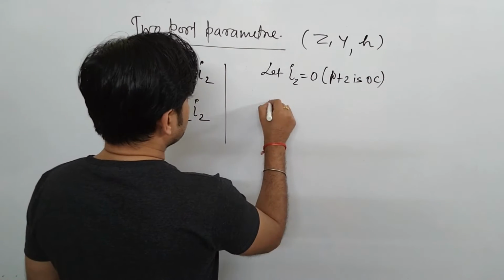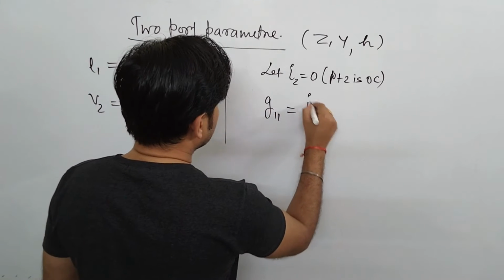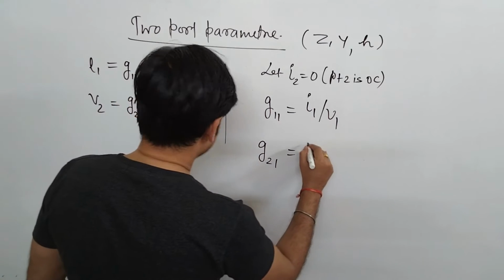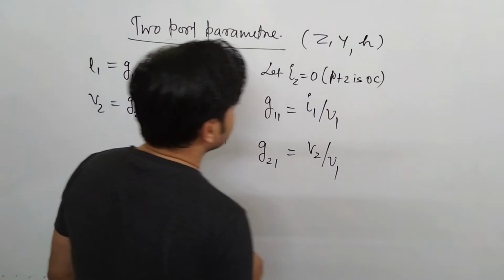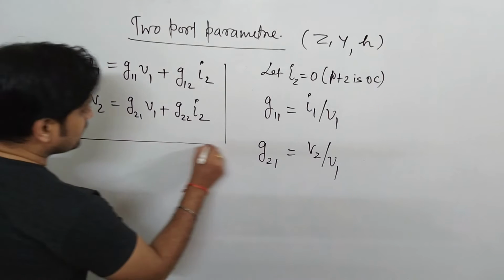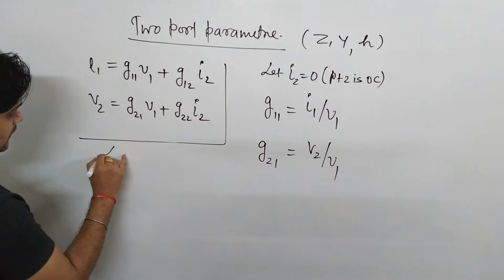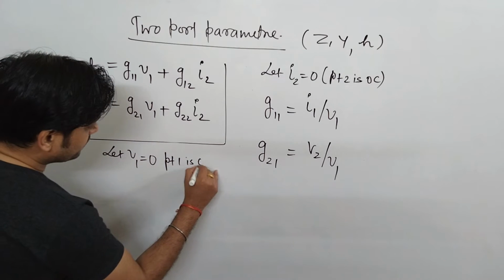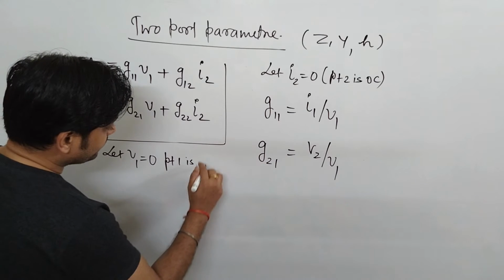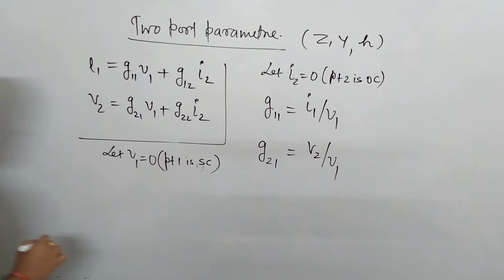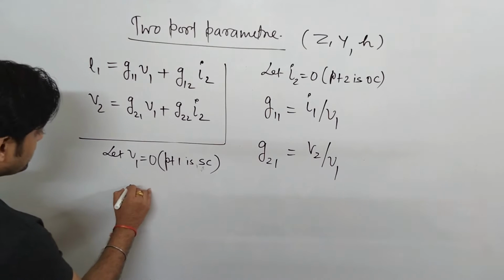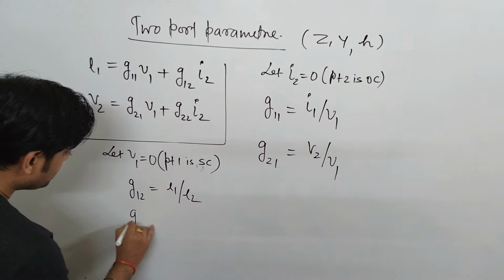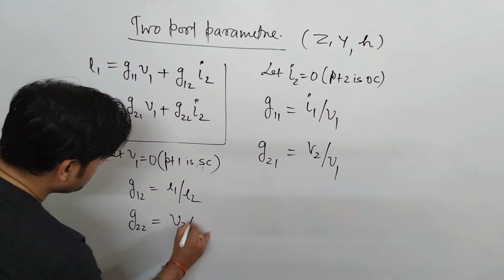So if I2 is 0, then G11 comes to be I1 by V1 and G21 comes to be V2 by V1. Similarly, if you say let V1 be equal to 0, that means port 1 is short circuited. From here G12 comes to be I1 by I2 and G22 comes to be V2 by I2.